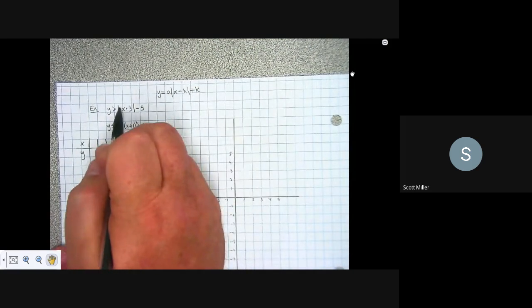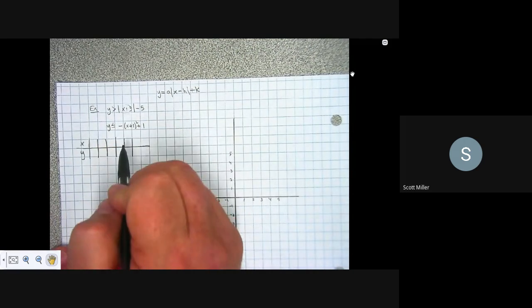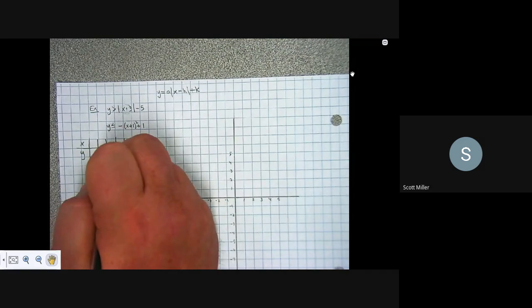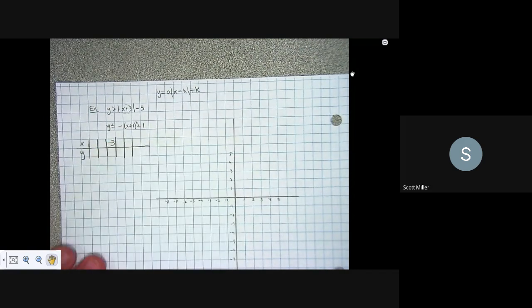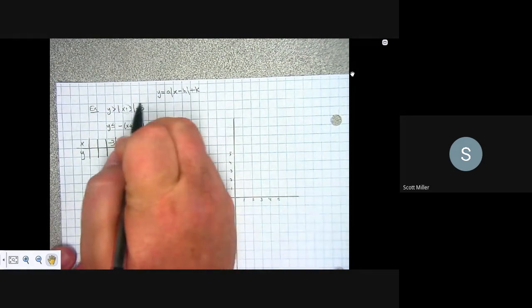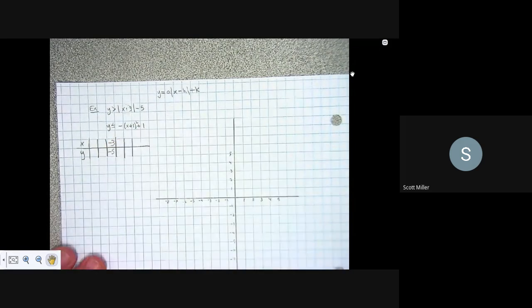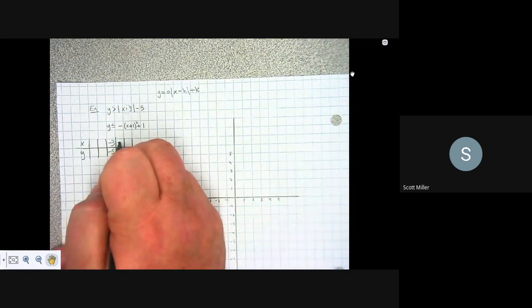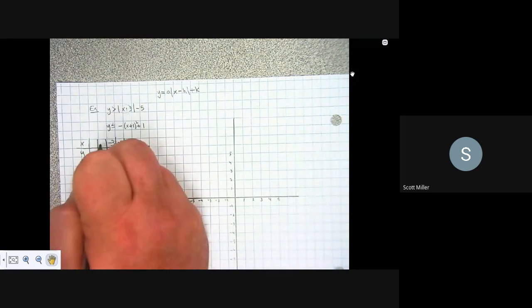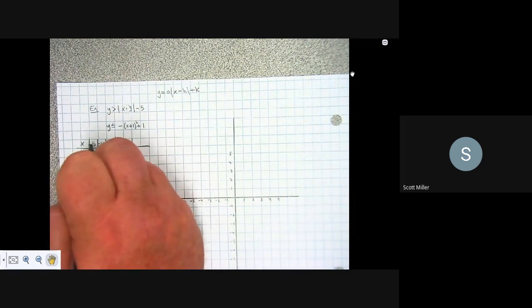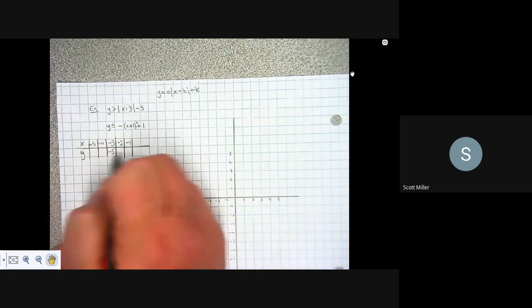What makes that 0 is -3, so that is the middle of my table, -3. This number right here is k, so -5 is the y part. You pick two numbers above, two numbers below, you plug those in, and you find these values.